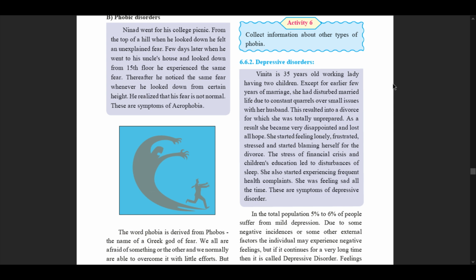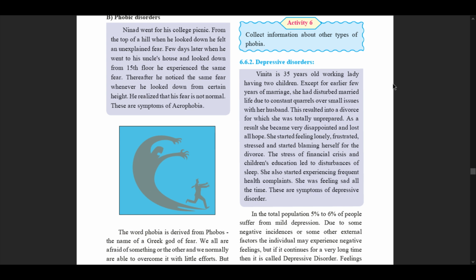Except for the first few years of marriage, she had a disturbed married life due to constant quarrels over small issues with her husband. This resulted in a divorce for which she was totally unprepared. As a result, she became very disappointed and lost all hope. She started feeling lonely, frustrated, stressed, and started blaming herself for the divorce.